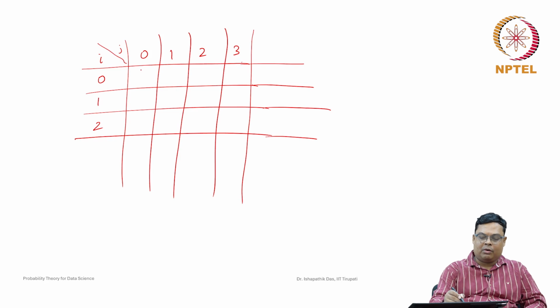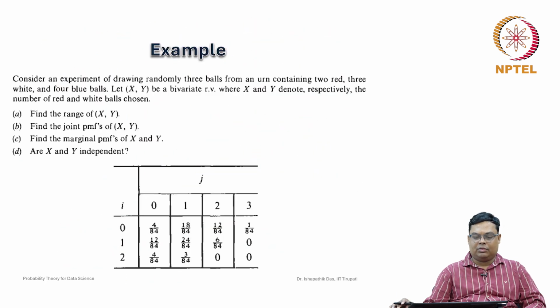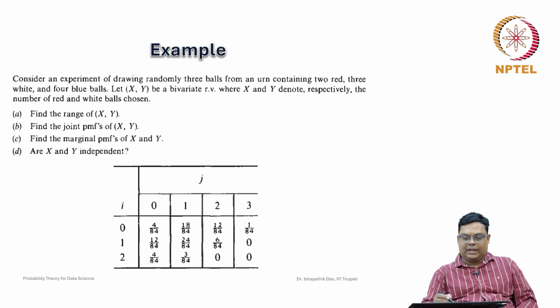For 0 0 we found 4 by 84, and 0 1 is 18 by 84. Similarly you can get the other values, which are written here: 0 0 is 4 by 84, 0 1 is 18 by 84, 0 2 is 12 by 84, and 0 3 is 1 by 84.